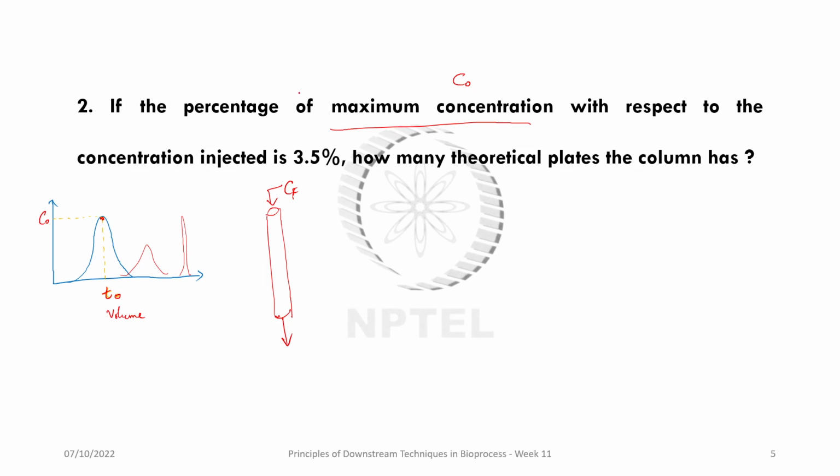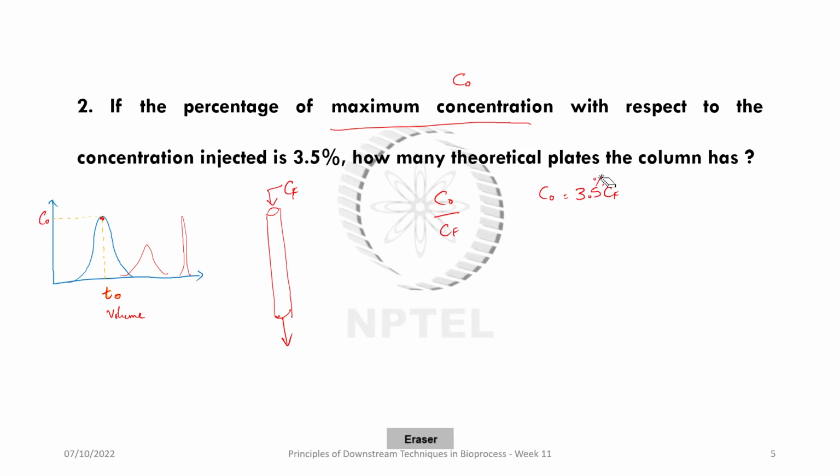So the question says if the percentage of maximum concentration with respect to the concentration injected. So C naught by CF, correct, is 3.5, or you can take it as C naught is equal to 3.5 percent of CF. So what would that be?